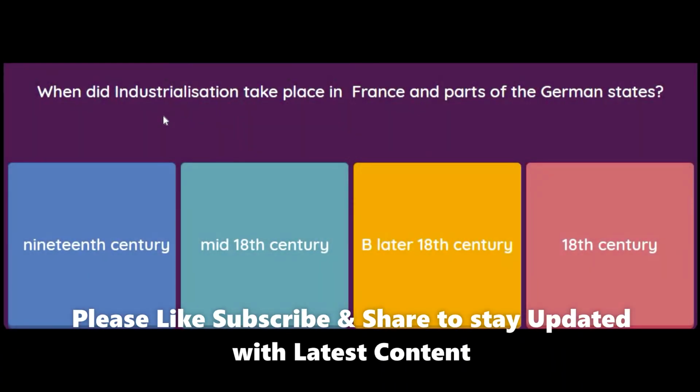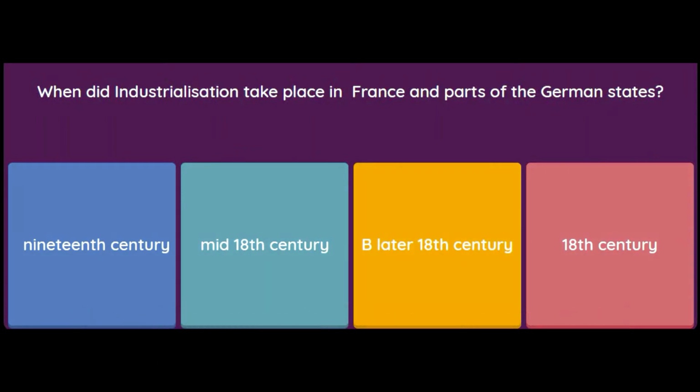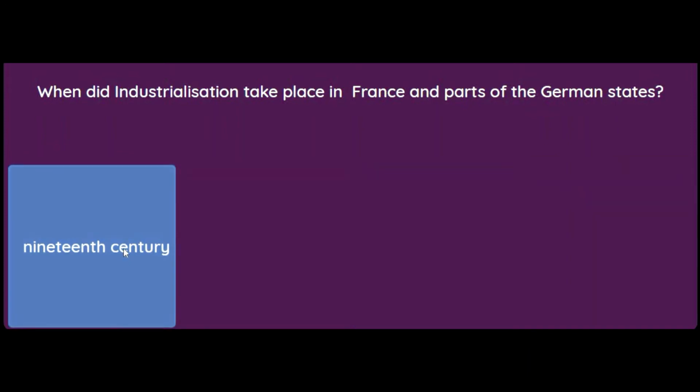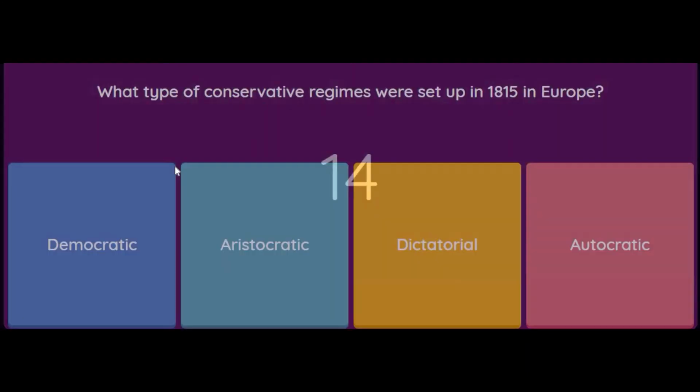When did industrialization take place in France and parts of the German states? In the 19th century, mid 18th century, later of the 18th century, or 18th century? Students, the correct answer is the 19th century: industrialization took place in France and parts of German states during the 19th century.